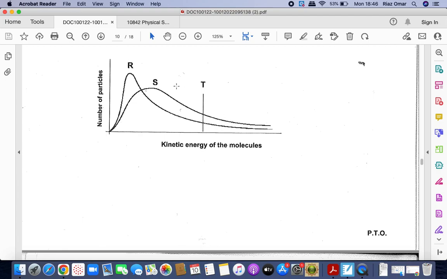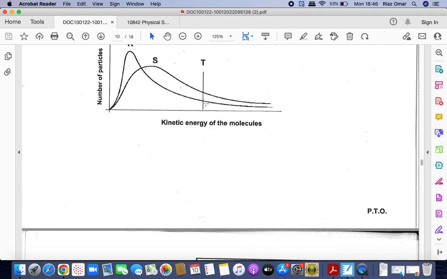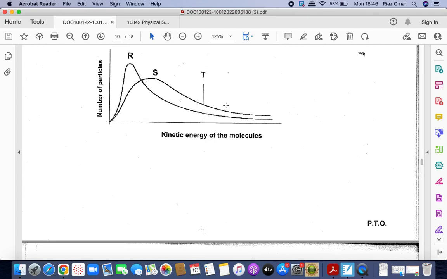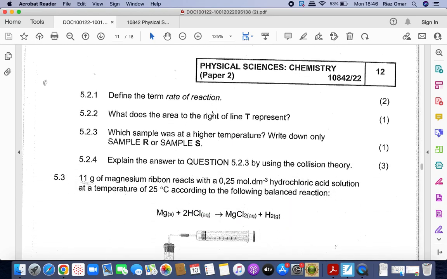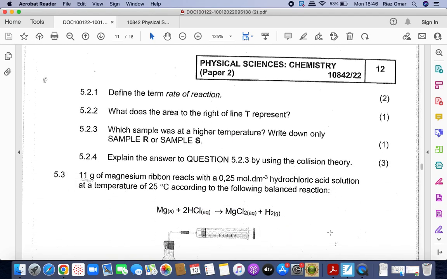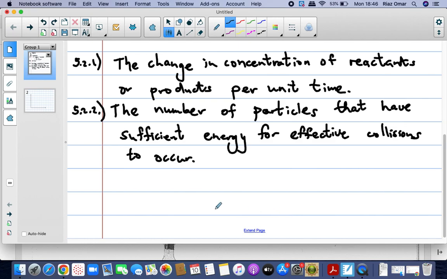So S will be at the higher temperature, because the area below the graph after T is greater for S than R. So we write down 5.2.3, sample S.